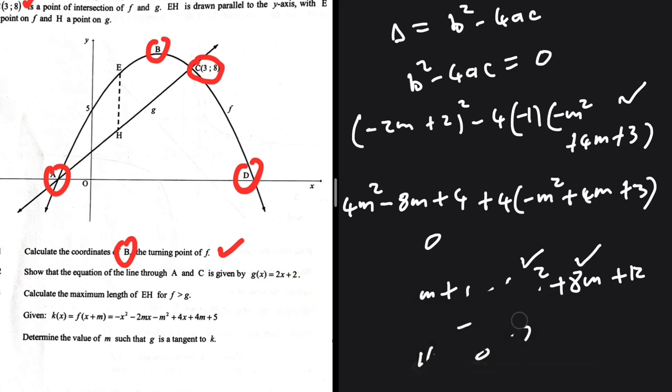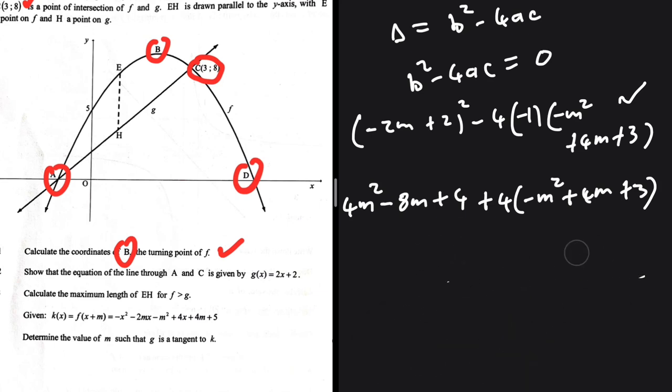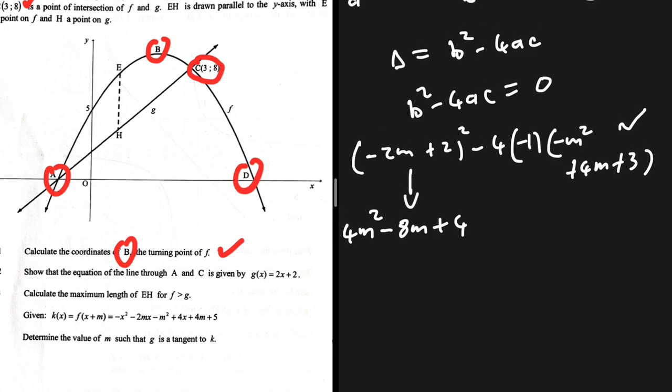So let me erase, and then yeah, this right here is this part. This right here is this part. So let me do this part, minus 4ac, right? So I have minus, let me erase this.